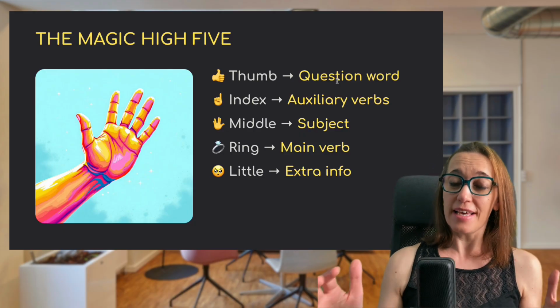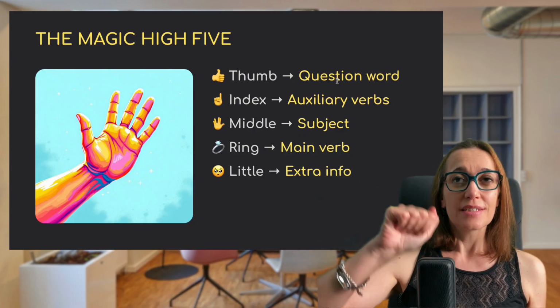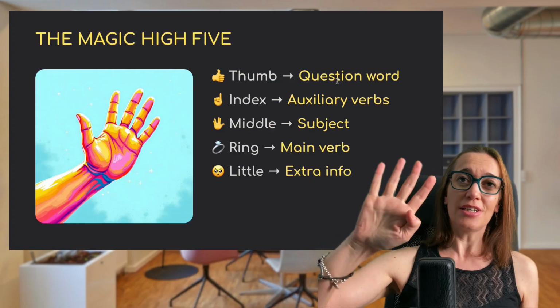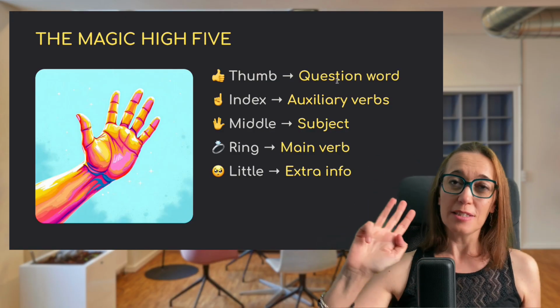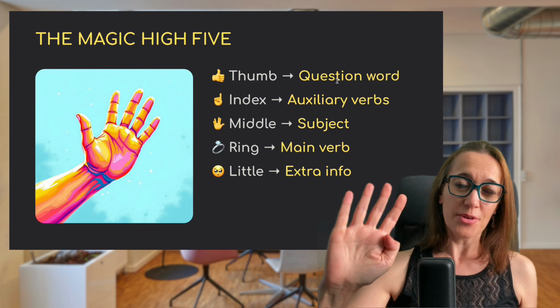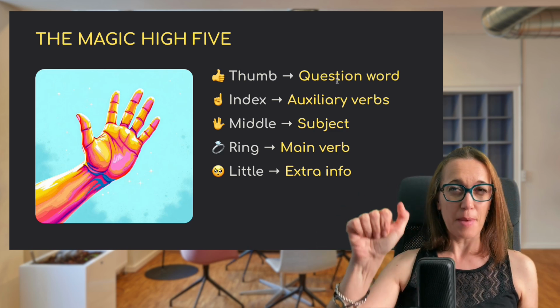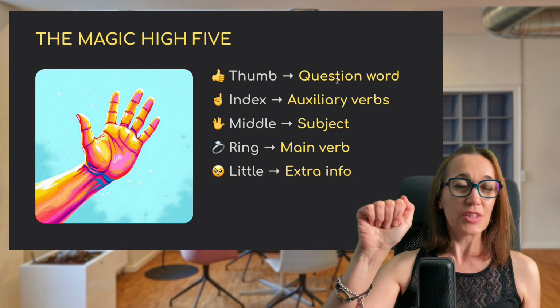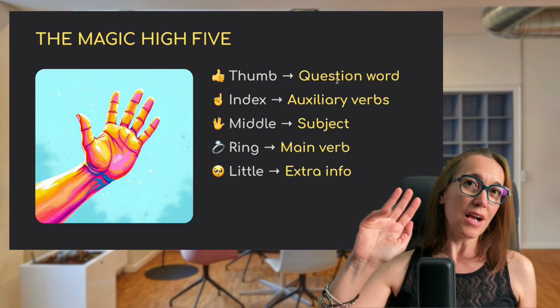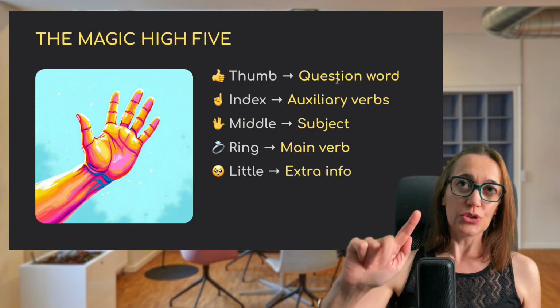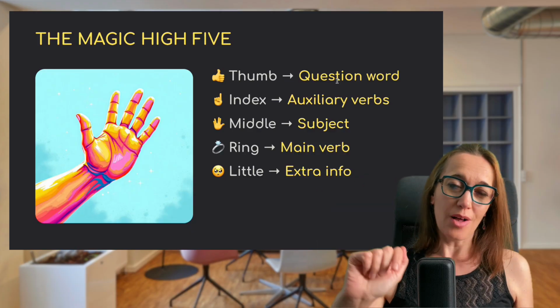In this case, what do we do? We skip the thumb and we start with the auxiliary verb, the subject, the main verb, and all the other information. For example, remember, no thumb here, no question word. So, are you having lunch now? Do you play football?